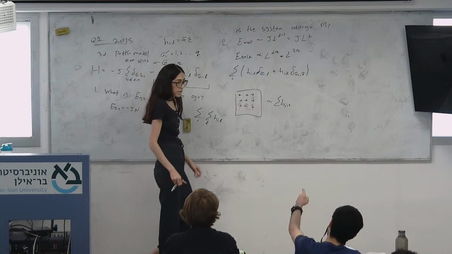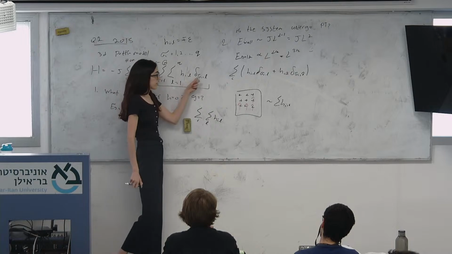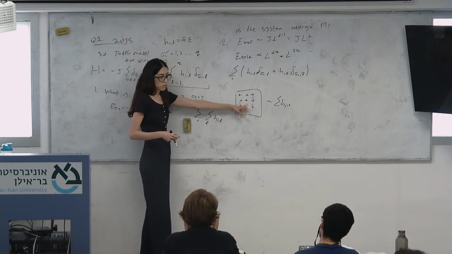Wait, but you have the delta, so isn't that going to reduce things a bit? No, the delta is going to give you 1 if they're aligned.